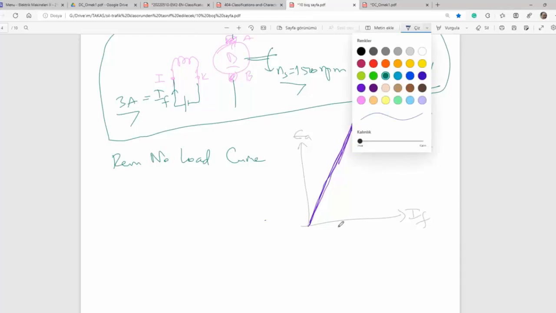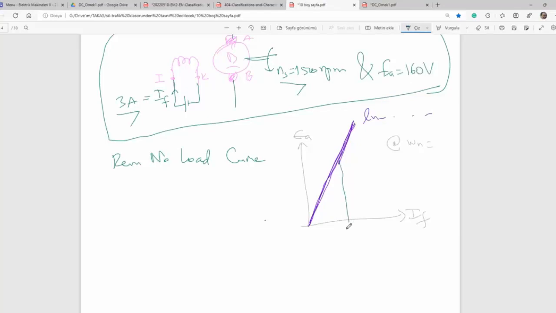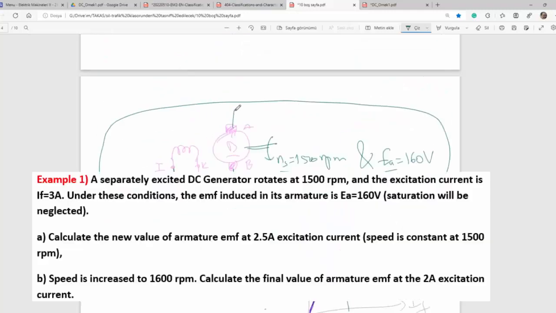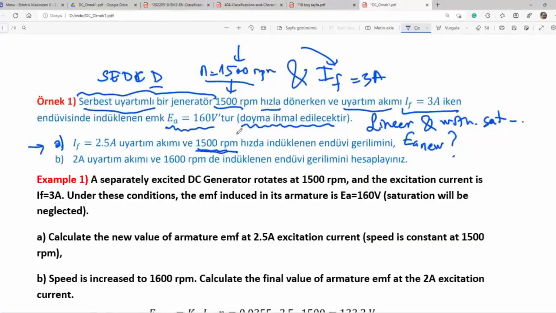It was 3 amps excitation, and then the induced voltage was 160 volts. That is the EMF in the armature, not across the terminals. There's no load mentioned yet. It is just the armature EMF. There's no given terminal voltage.